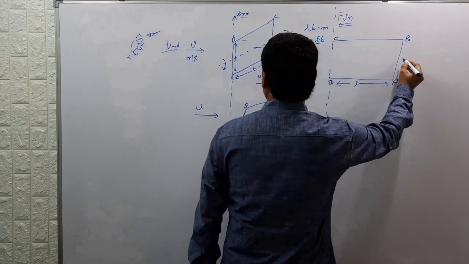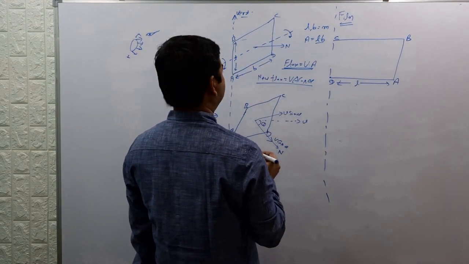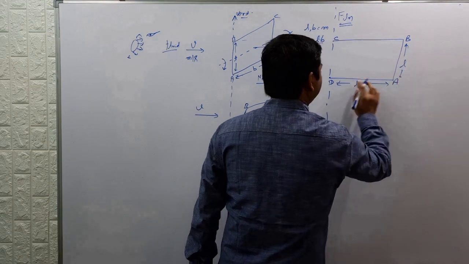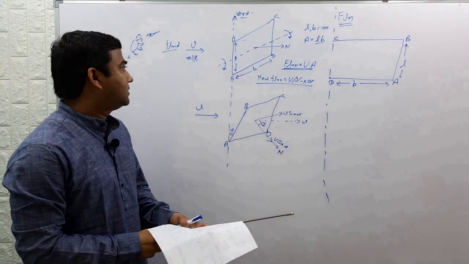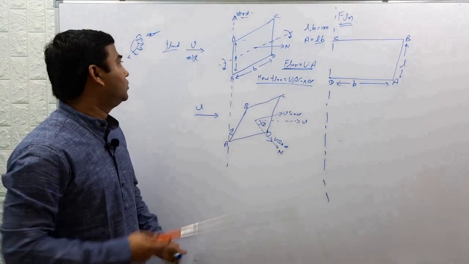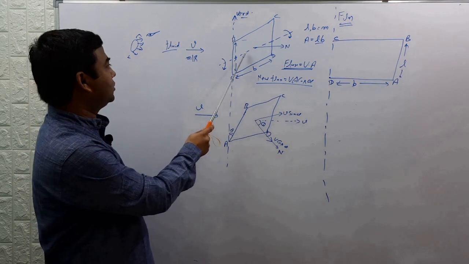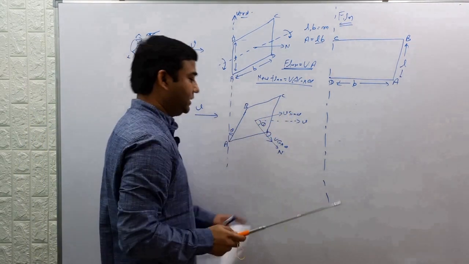AB is L, sorry, and AD is B. So in this case, when this is exactly perpendicular to this velocity, a light source is kept here, and this light source will generate the shade of this area. This is the shade.